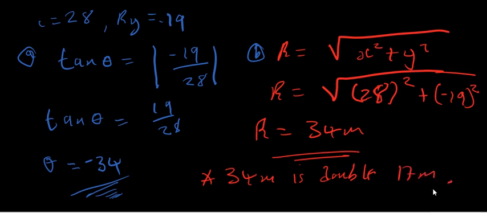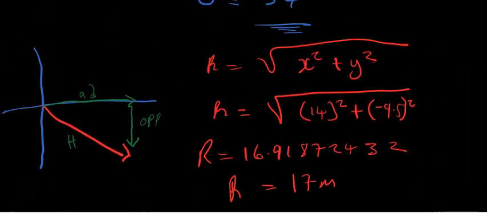Please, if my English is bad there, you can write the correct English. So if you compare this, you'll find that the magnitude has doubled, but the angle has remained the same. Okay, so I hope you guys have understood.